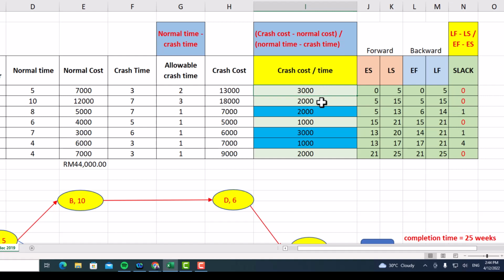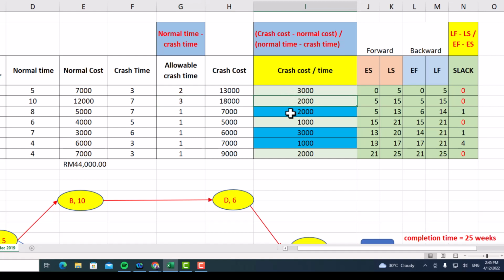The next one, activity B, the crash cost equals 18,000 minus 12,000, then you will get 6,000. So 6,000 divided by the allowable time, which is 3. So 6,000 divided by 3 equals 2,000.